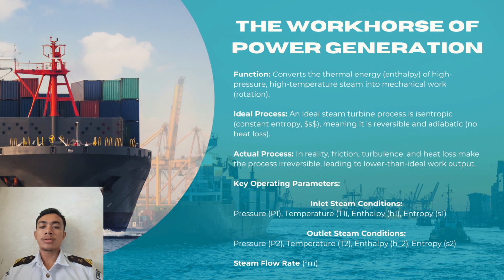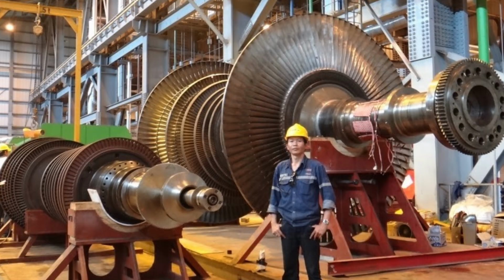Ideal process. An ideal steam turbine process is isentropic, meaning it is reversible and adiabatic. Actual process. In reality, friction, turbulence, and heat loss make the process irreversible, leading to lower than ideal work output. Key operating parameters.